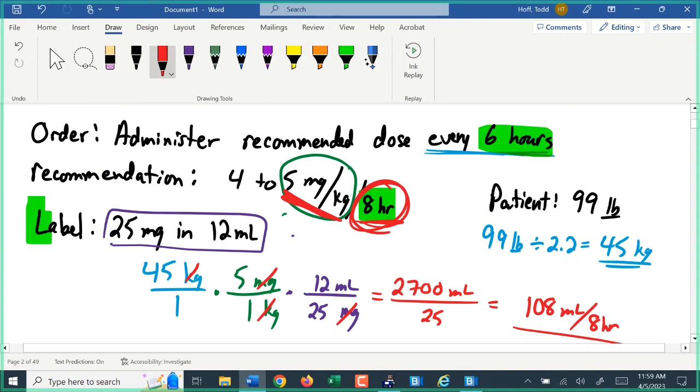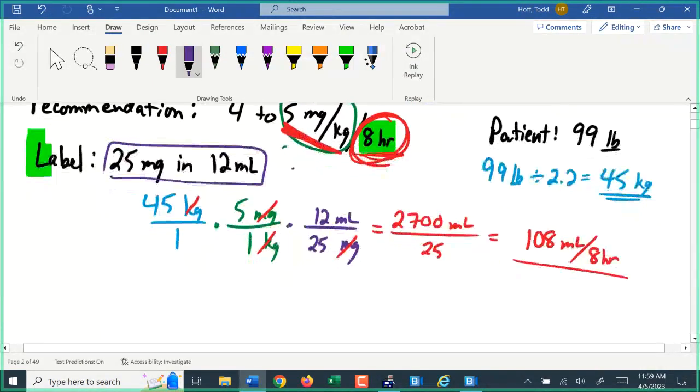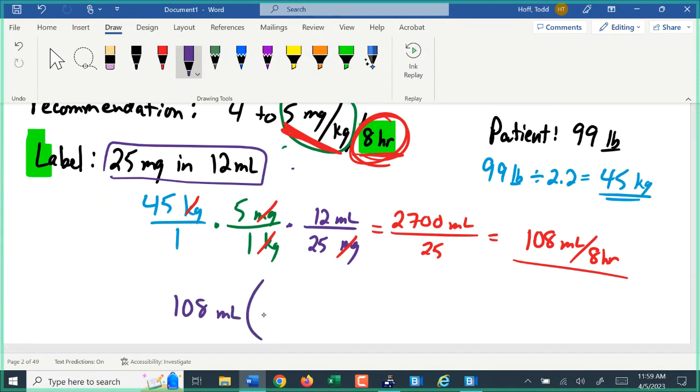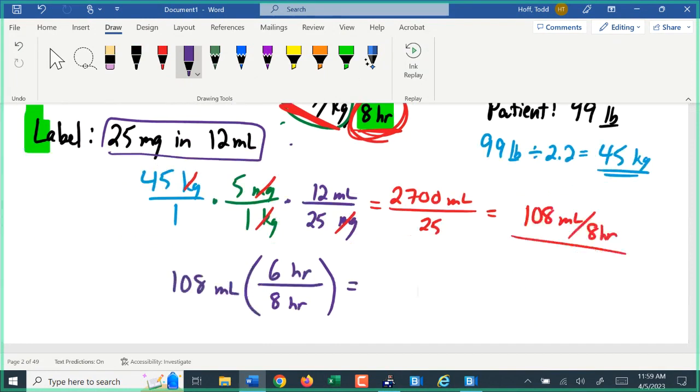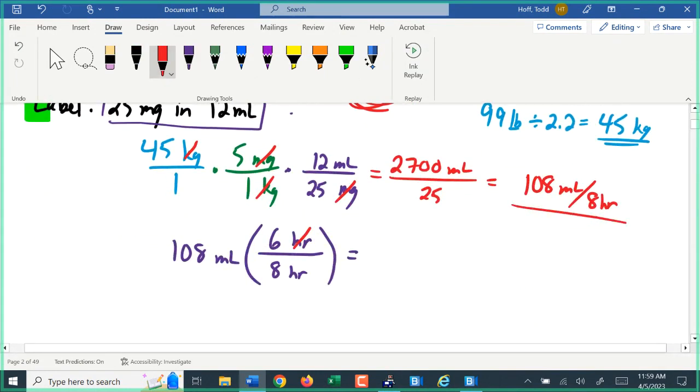But the doctor ordered us to give the medication every 6 hours. So the first adjustment we're going to make is to change that time frame. We're going to take that 108 milliliters. This is currently calculated every 8 hours, and we want to change it to be every 6 hours. Now again, you notice these units are still the same.